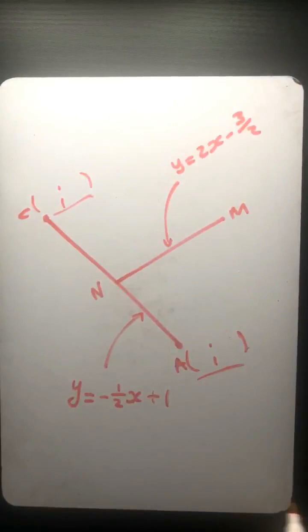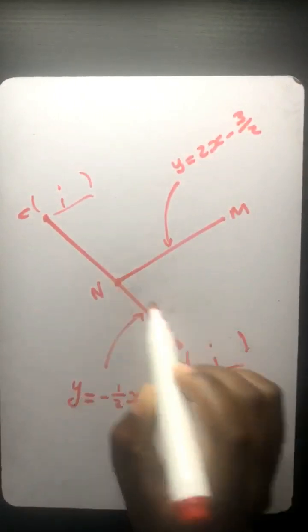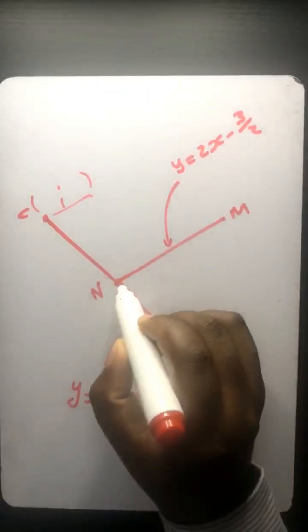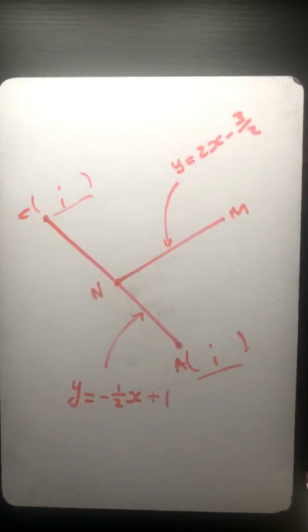Can someone tell me what happens at that point where you are having that line intersecting or touching with that line? What's happening at that point, if you remember what we did on functions?